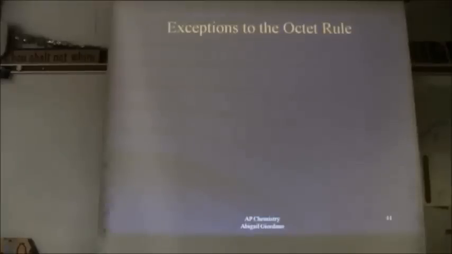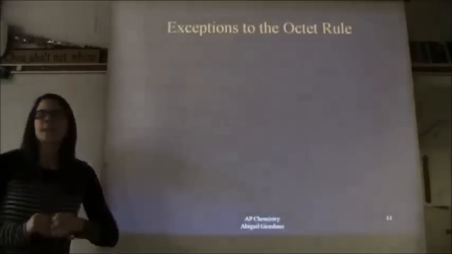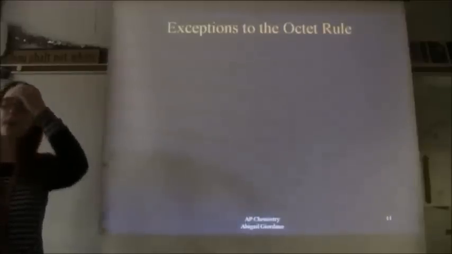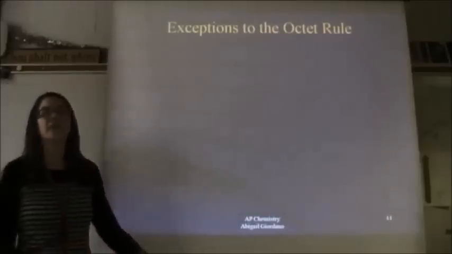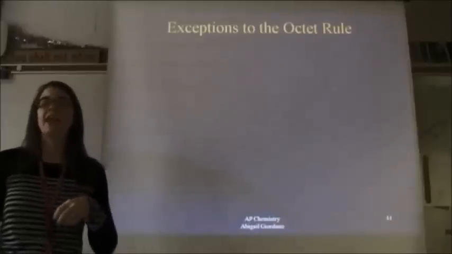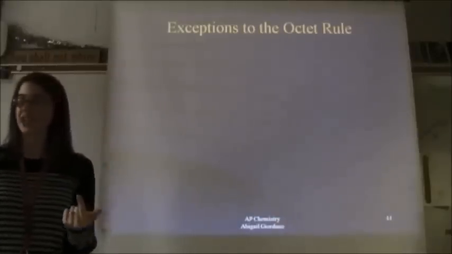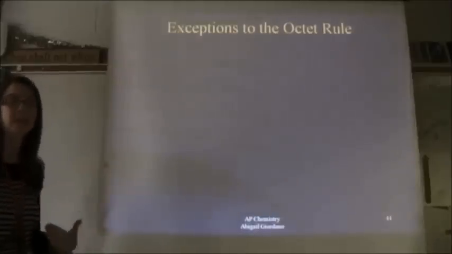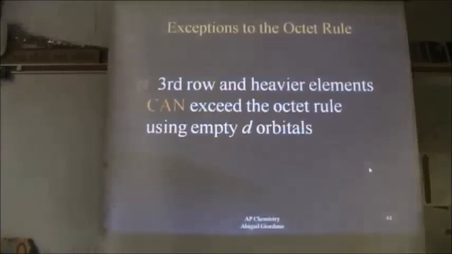How about beryllium? 2. Boron? 3. Most elements, however, want 4. There are elements that can exceed the octet rule, meaning they can accommodate more than 4 pairs. Now, it's not just any element that can do that.